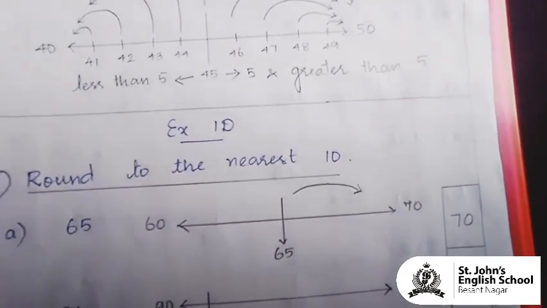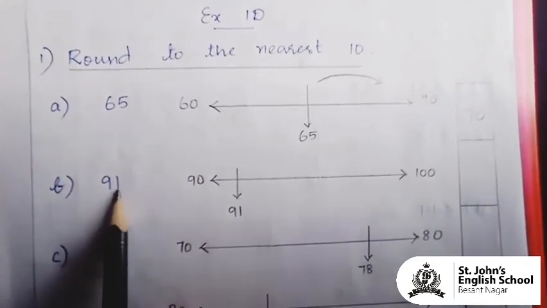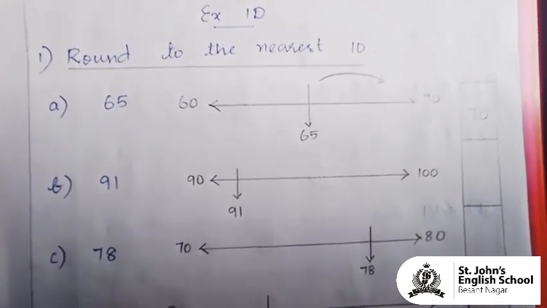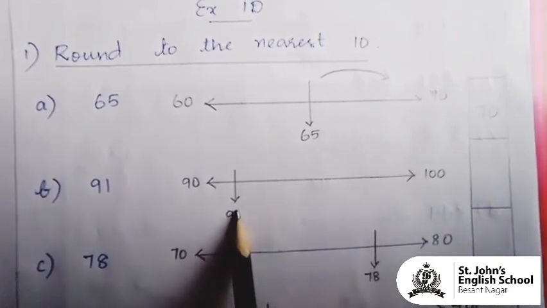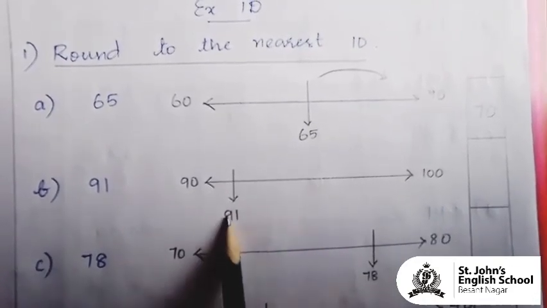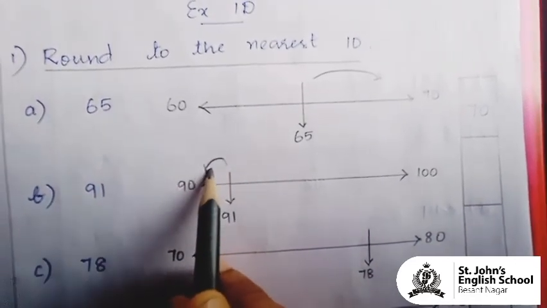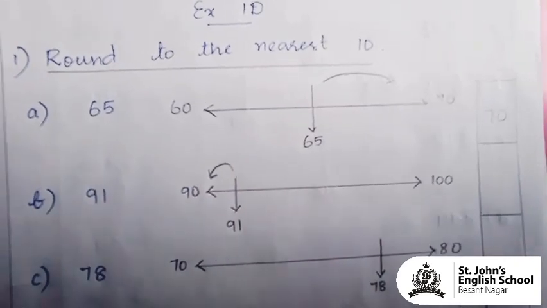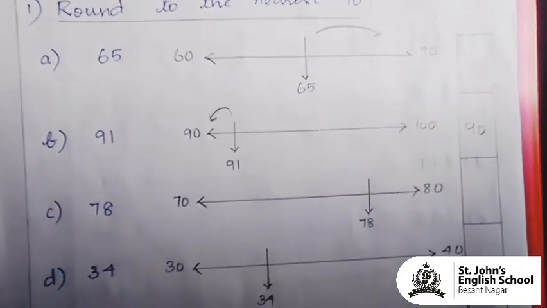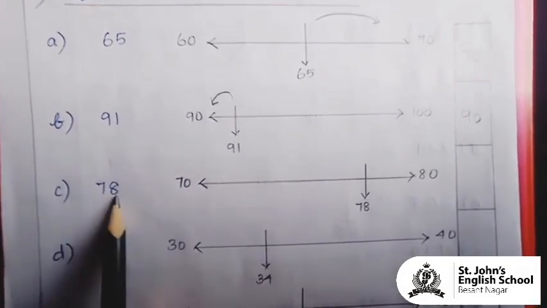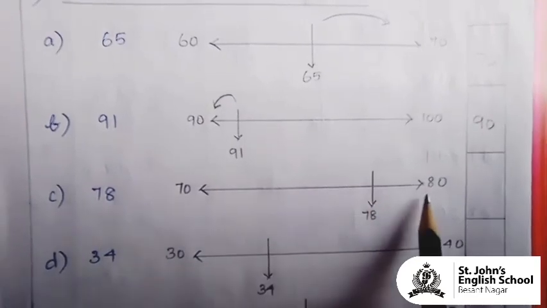That is, the number is 70. The next sum. The number is 91. So 91 is in between 90 and 100. So 91 is less than 5. If it is less than 5, it should go to the before number, that is 90. The next sum, 78. 78 is between 70 and 80.